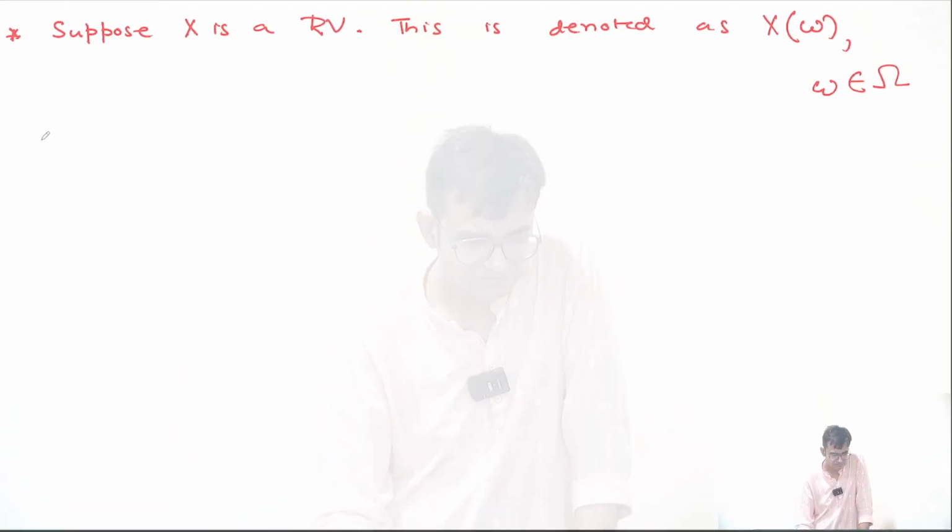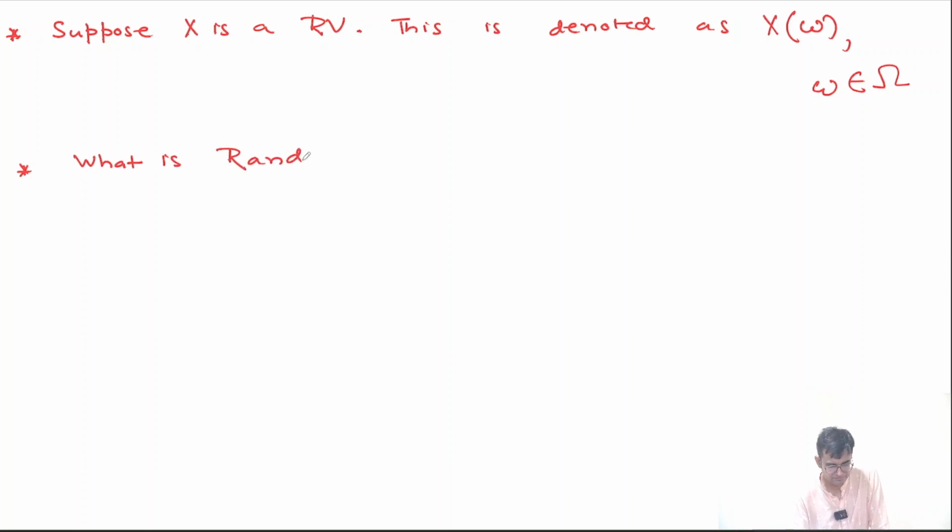So if I link it to random variables, there should be something known as the random process. So what is a random process?